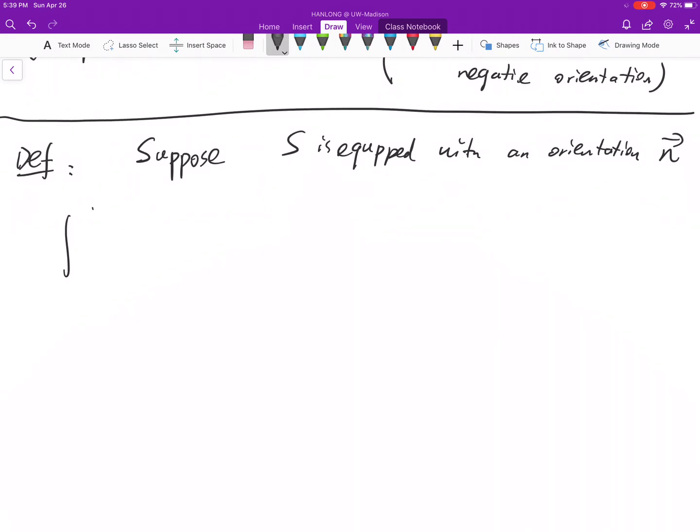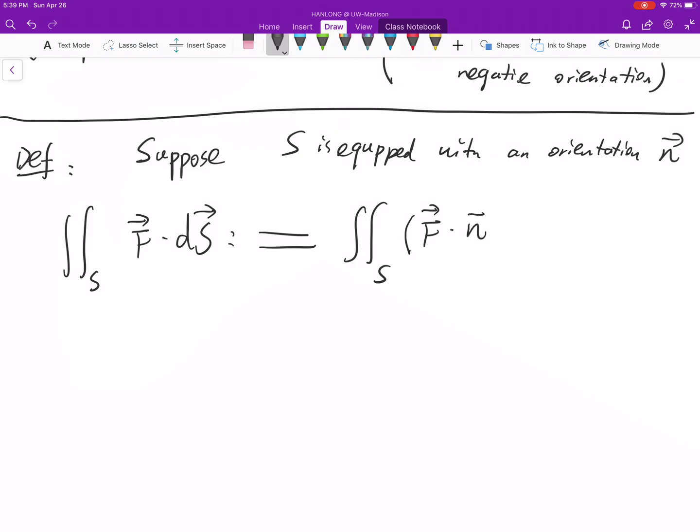Then we can define the surface integral of the vector field f by the following surface integral of a scalar function. Everything is the same as before, but here we make sure our orientation n, or the unit normal vector field, is well defined and causes no trouble. So inside you still have the dot product between f and n.